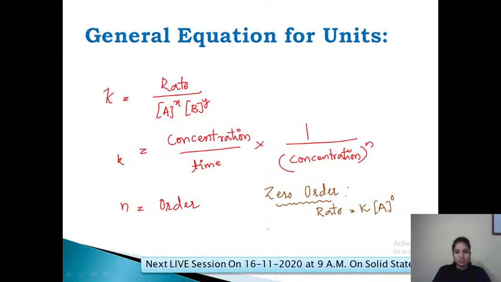Concentration, mole per liter, time in seconds, into 1 upon concentration. The unit of concentration is mole per liter raised to 0, because the order of this reaction is zero. Anything raised to 0 is 1. Therefore, this will be mole per liter per second. So that is the meaning of calculating the unit for the order of any particular reaction.